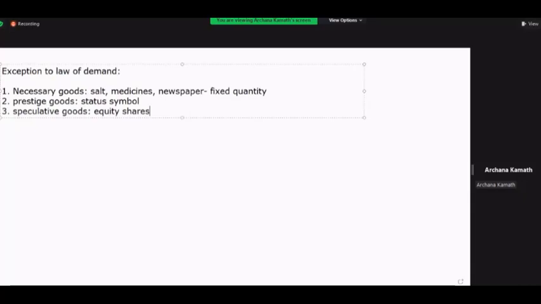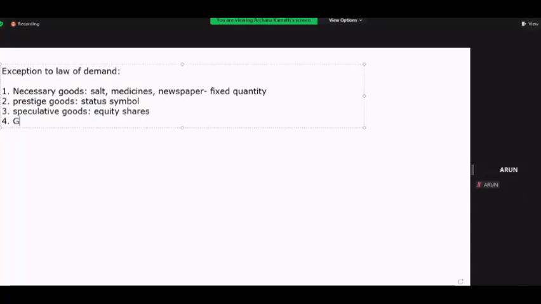So my influence for purchasing a commodity is not today's price, not the price at which I am purchasing it. I am purchasing it with an intention of the price going high in future. If I have calculated and analyzed and come to know that the price of that share is going to fall in the coming days, will I purchase it? No. So there is an exception. I hope you got the idea.